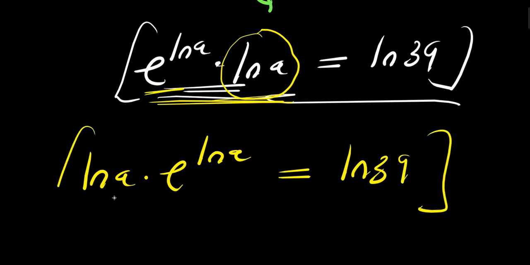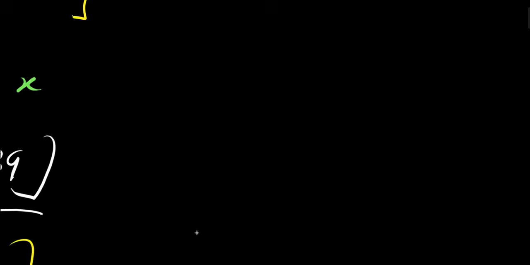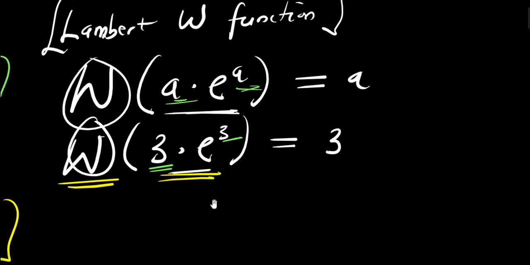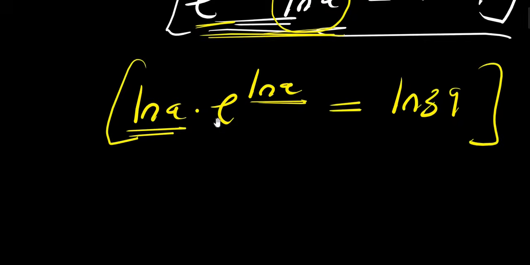Now, perfectly, the ln a here is exactly what we have here. And this actually satisfies the condition that what we have here must be exactly what we have here at the exponent. Look at it here. The 3 here is what we have here. The a here is what we have here. So we can then apply the Lambert W function.